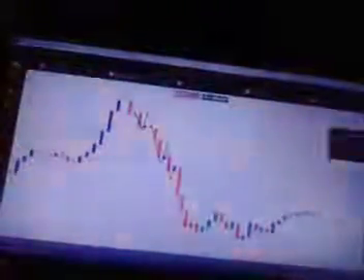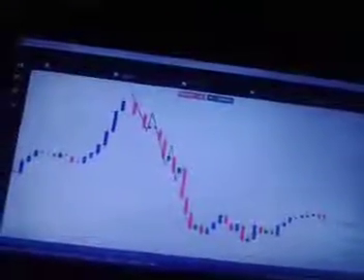Again here it made a lower high. Again it made the lower low there. Again it made the lower high. The market here made the lower high.